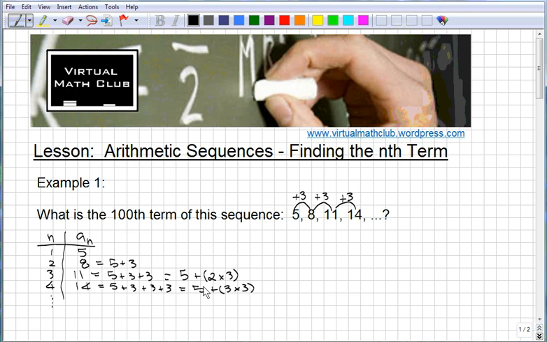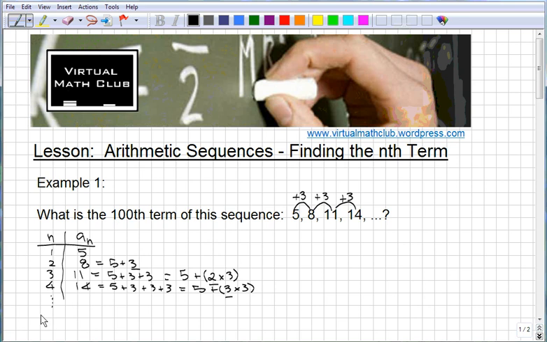So to get any term in the sequence, we take the initial number plus a multiple of 3. And the multiple that we use: here we have 1 times 3 for the second term, 2 times 3 for the third term, 3 times 3 for the fourth term. So you can see that the multiple of 3 is essentially lagging by 1 from the term in the sequence.